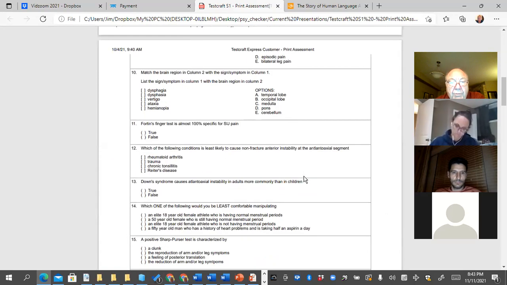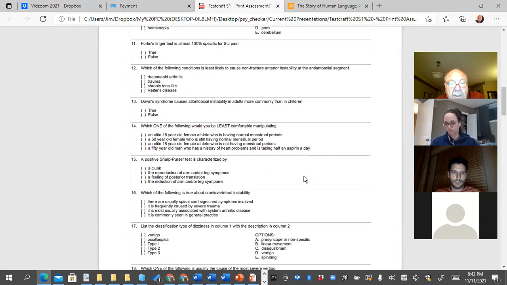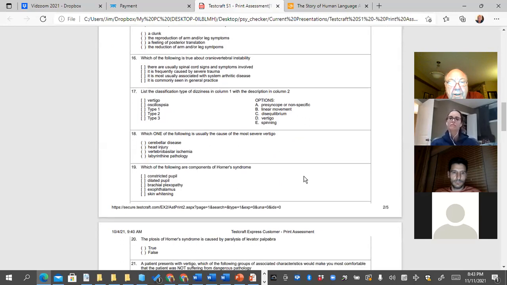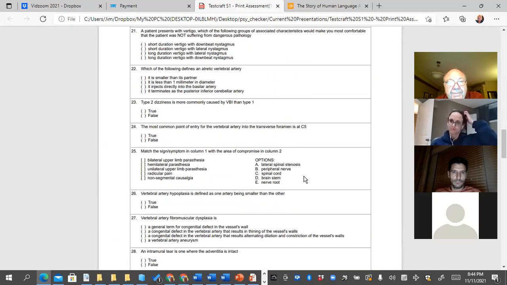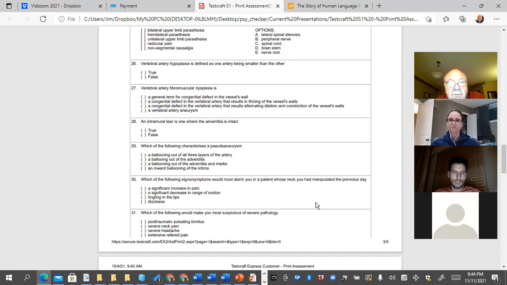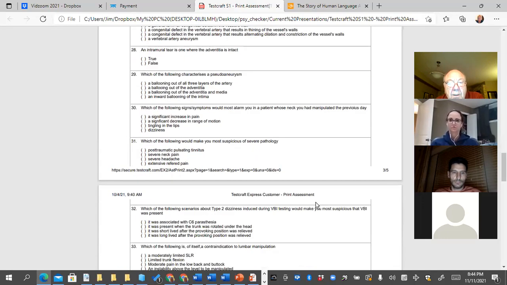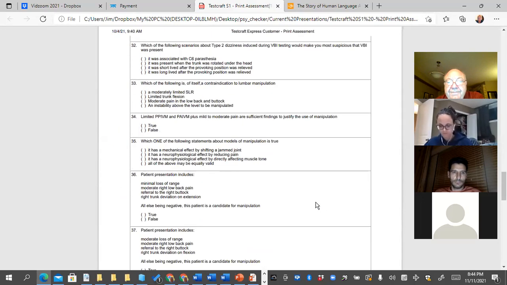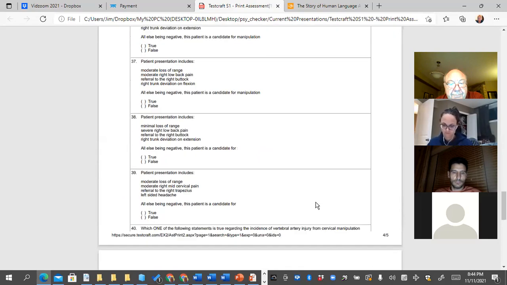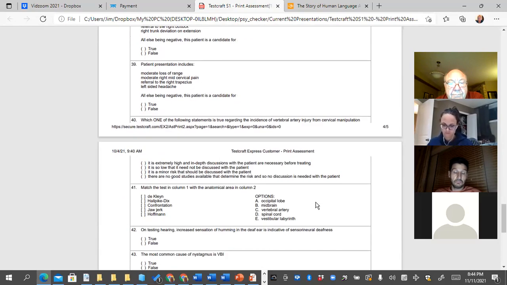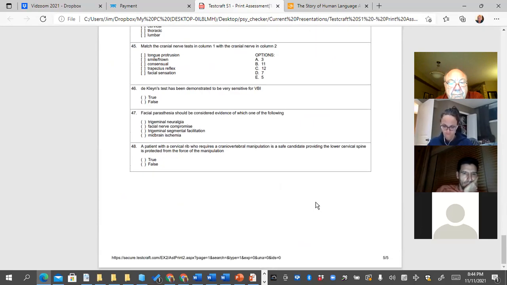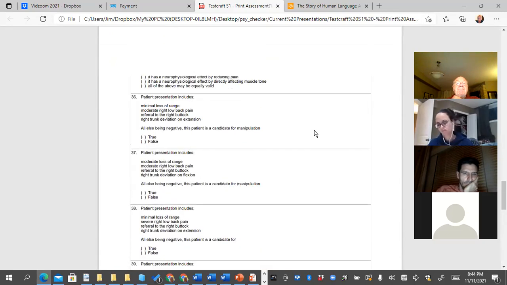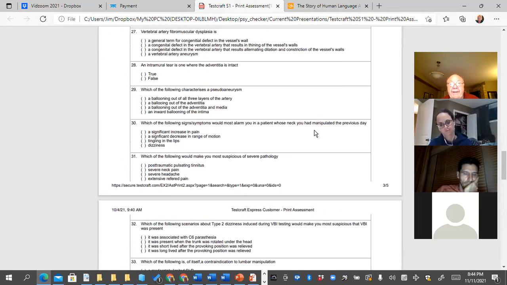This is a 14-year-old girl, soccer player with right low back pain of gradual onset. What's the most likely diagnosis here? What do you think?